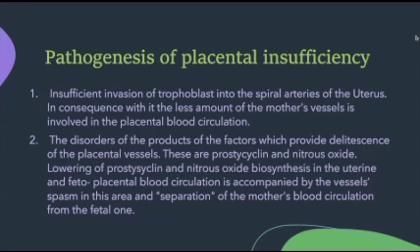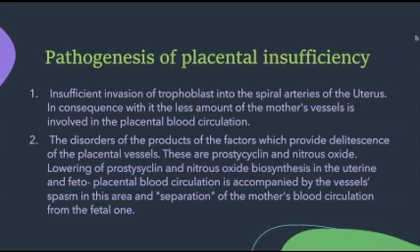In the pathogenesis of placental insufficiency, there is insufficient invasion of trophoblasts into the spiral arteries of the uterus, and in consequence a smaller number of the mother's vessels are involved in the placental blood circulation. There are disorders of the products of the factors which provide dilation of the placental vessels.